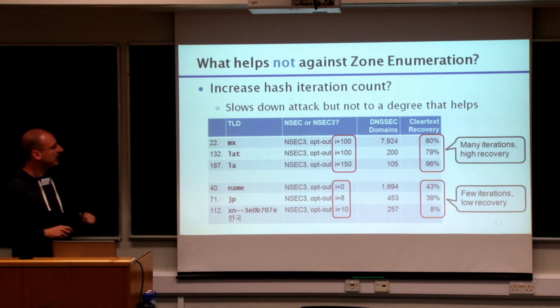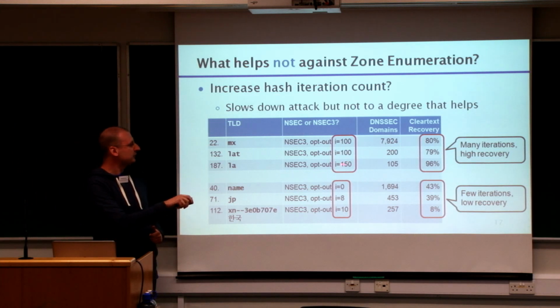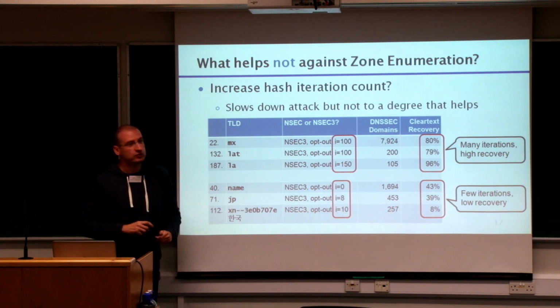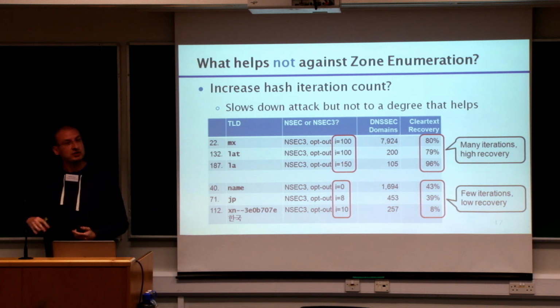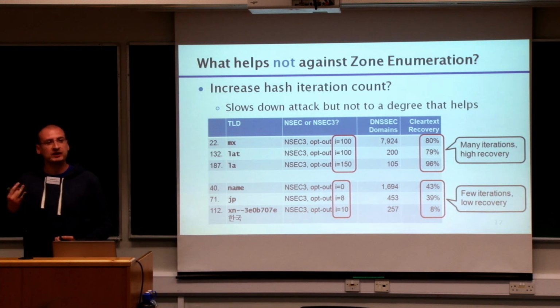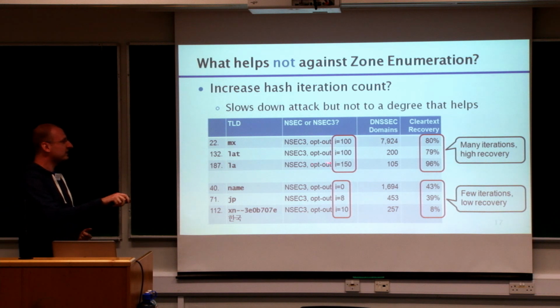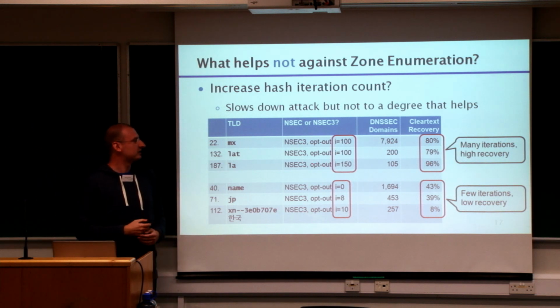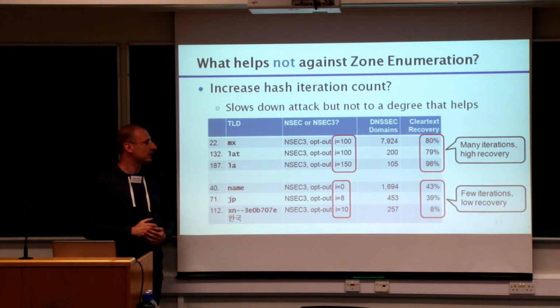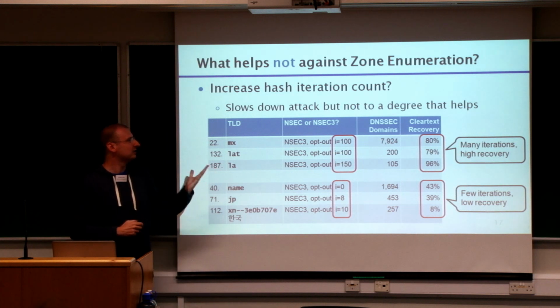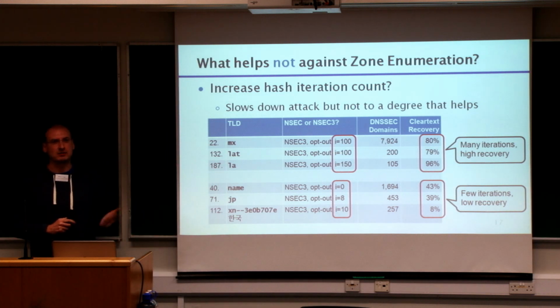But for this domain, it's the maximum. So you cannot use more than 150 iterations. And actually, it slows down the attack. My dictionary attack takes a bit longer. But whether it takes 1 hour or 10 hours doesn't really matter. So in the end, we were still able to recover 96% of cleartext names. And the hash iteration count hasn't stopped us.